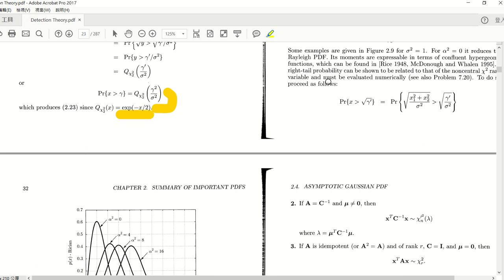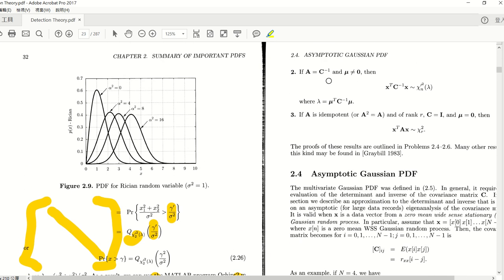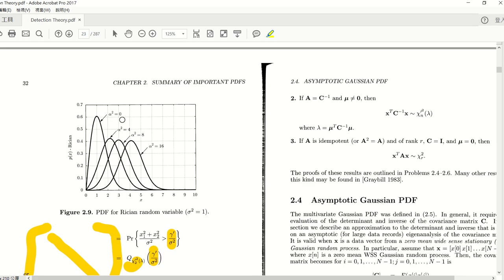If alpha square is larger, the mean is larger, which means it's more spread out at the right-hand side. If alpha is small, you get a more concentrated distribution. The probability is concentrated around one area, and with larger alpha it goes to the right-hand side.